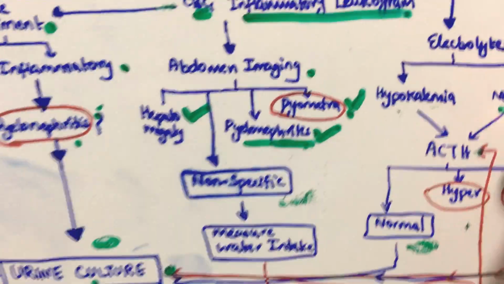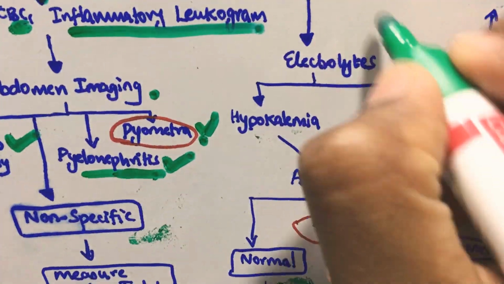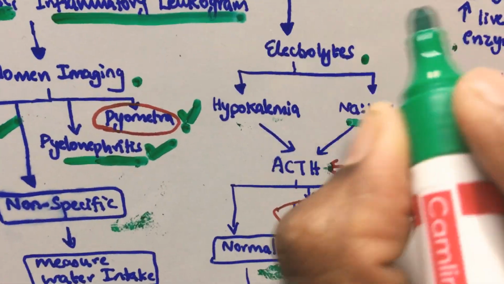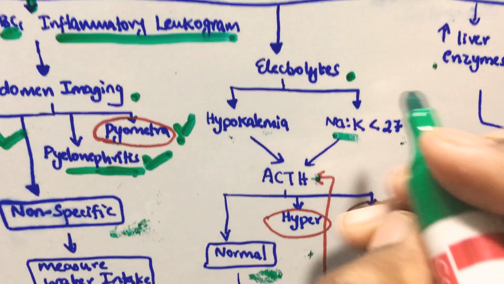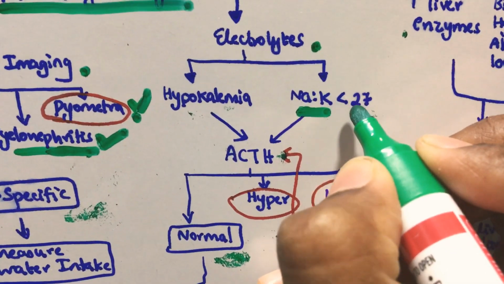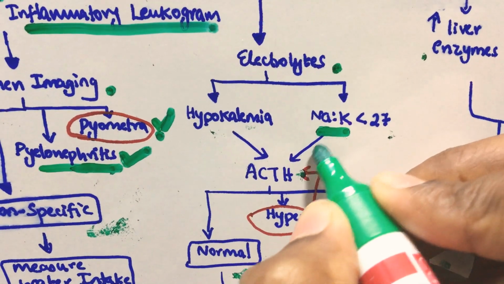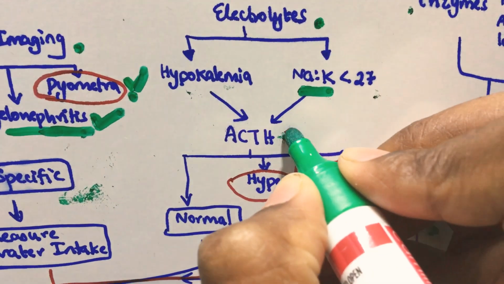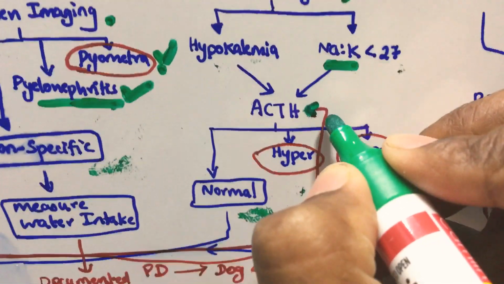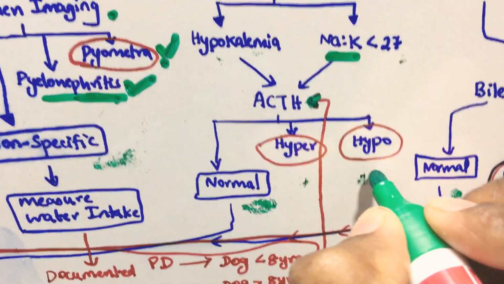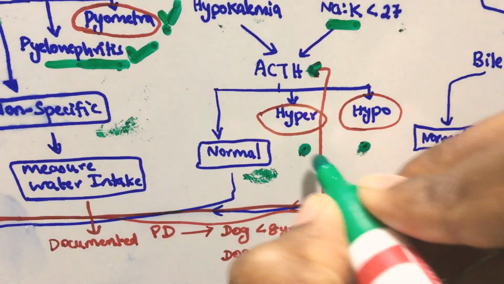now I have covered urine sediment, abdomen imaging. Now let's talk about electrolytes. In electrolytes, if the electrolytes are normal, that's okay. If the electrolytes are abnormal, which is like sodium potassium ratio is less than 27, and you also have hypokalemia and all, then you need to do ACTH to find out whether we have Addison's or Cushing's.